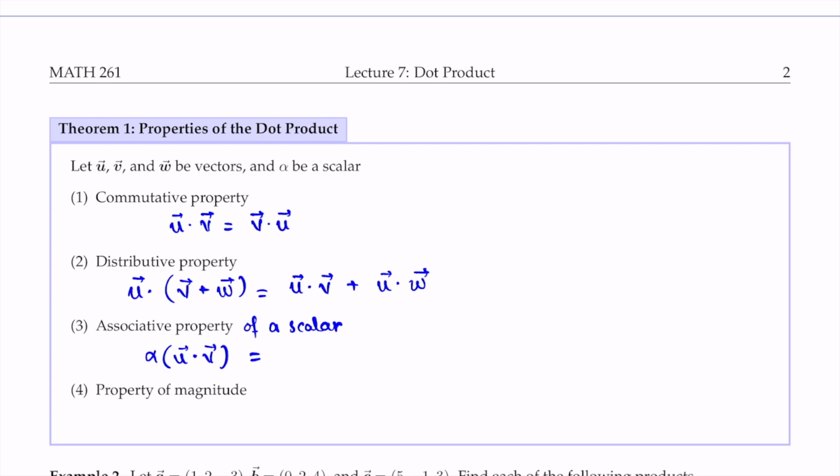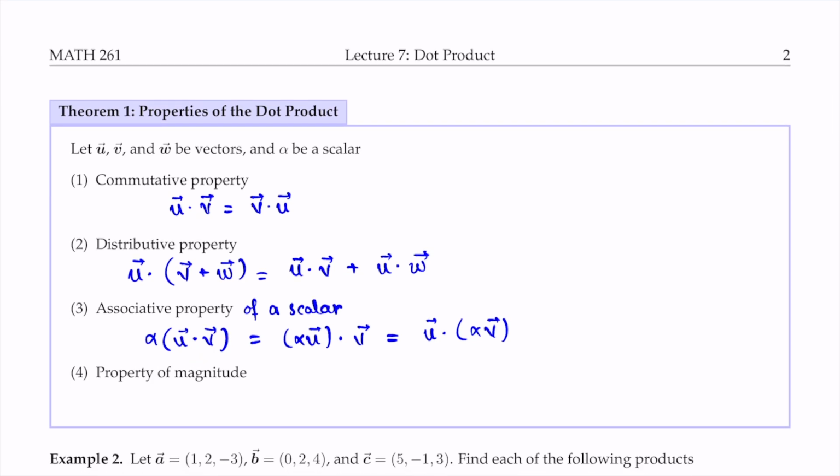It's going to be equivalent to doing a scale of vector u first, and then the resulting vector dot with vector v, or this is equivalent to vector u dot with alpha of vector v. So it says that if you scale vector v first, and then the resulting vector gets dotted with vector u, they're going to be the same with these two results.